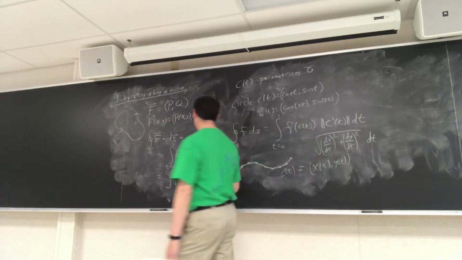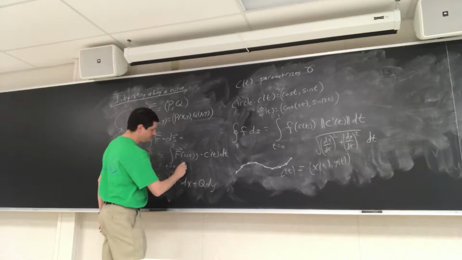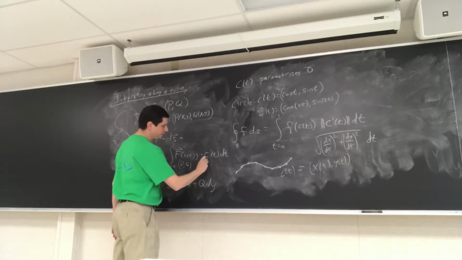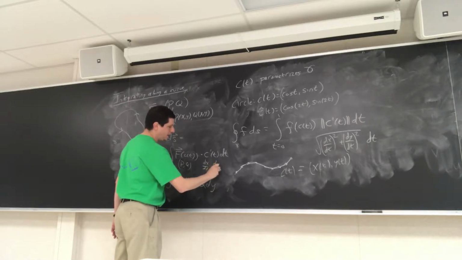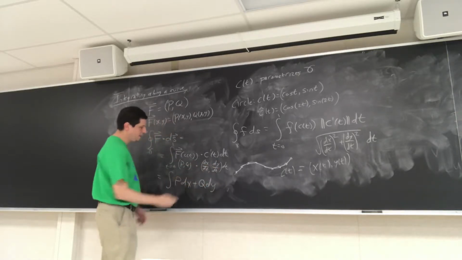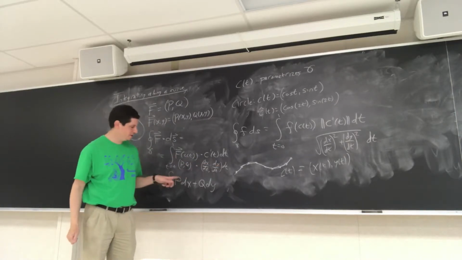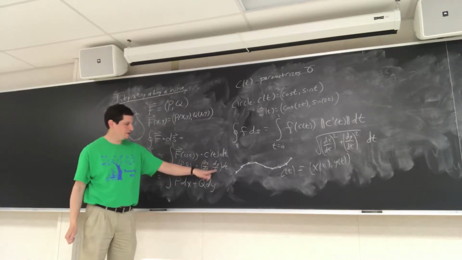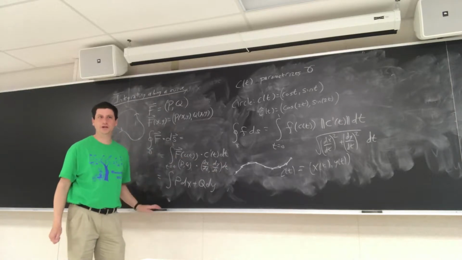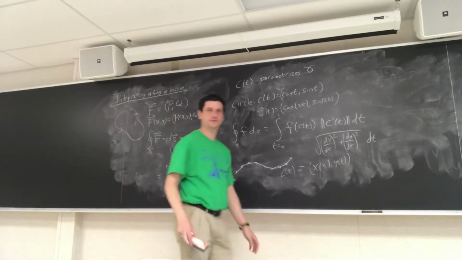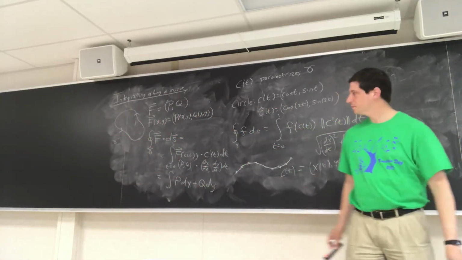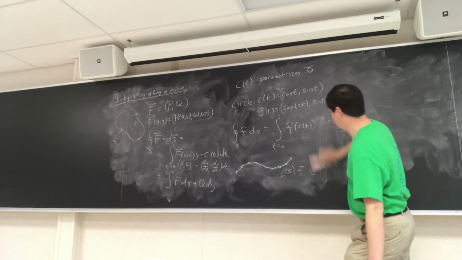Okay, so view this as P comma Q. View this as dx dt, dy dt, dt, and you'll get P dx dt dt, that's P dx. Q dy dt dt, that's Q dy. This is just notation. Okay? Any questions on this so far?